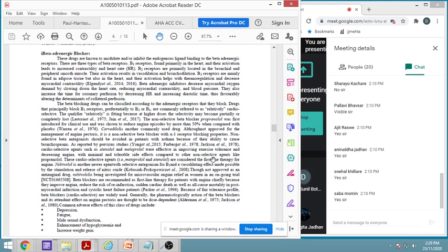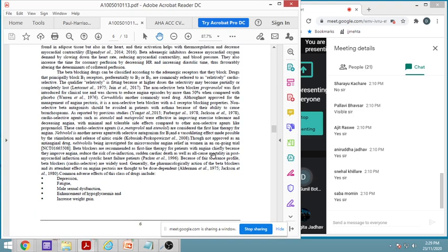So we have to avoid those which have beta 2 activity. We can have more selective beta 1 agents like atenolol, then metoprolol, celiprolol, bisoprolol, and so many, nebivolol, carvedilol, etc. These are the various drugs which can have this action.